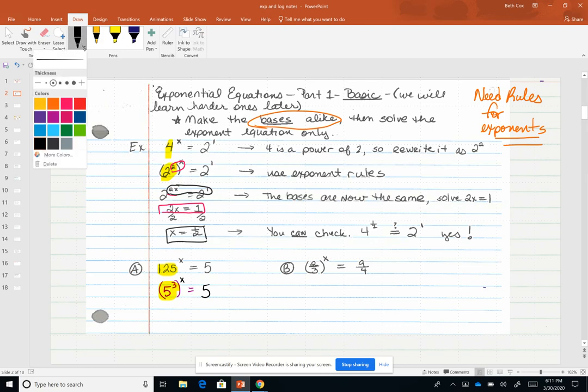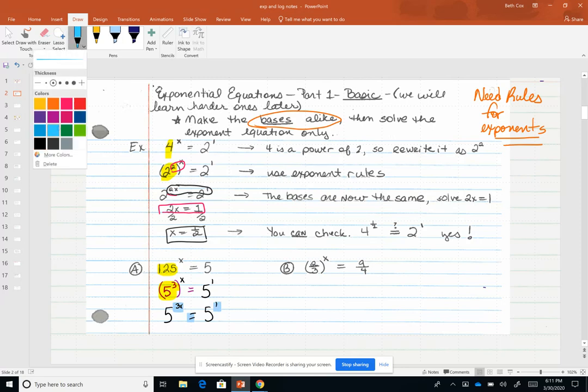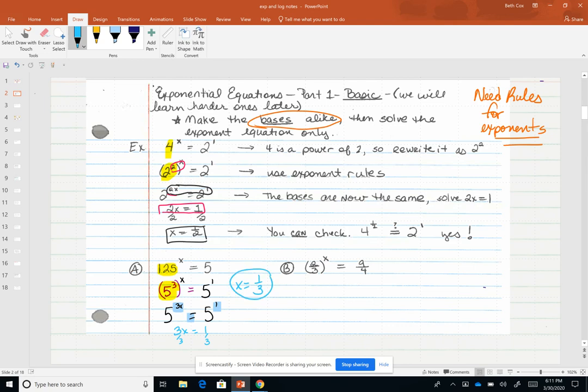And so this is going to be 5 to the 3x is equal to 5 to the 1. Well, that brings up this little baby equation, 3x equals 1. Now, not all the problems work that way. x is equal to 1/3. But these are the basic ones. The basic ones do that.